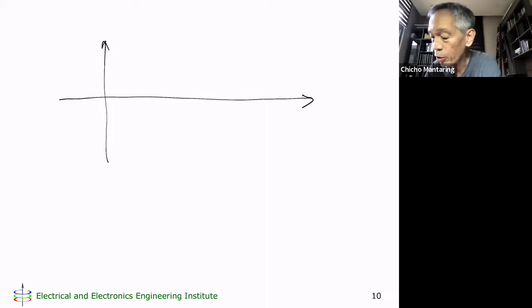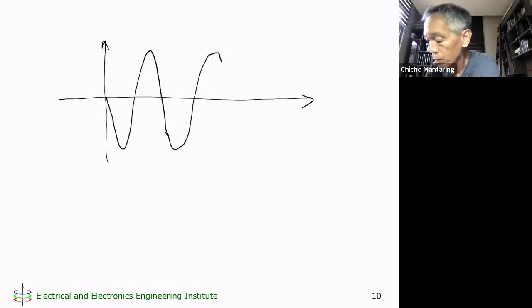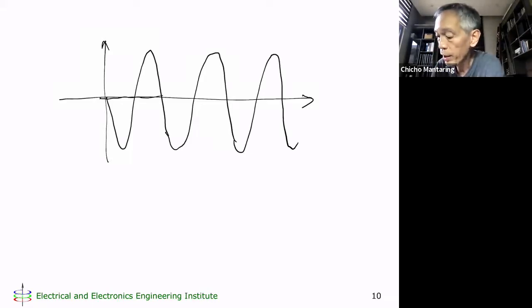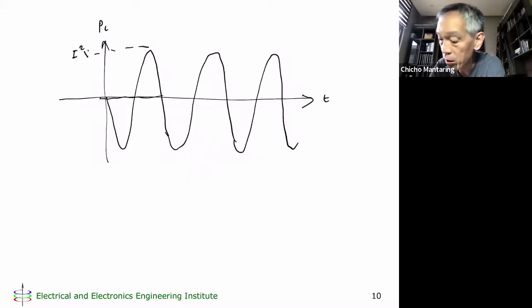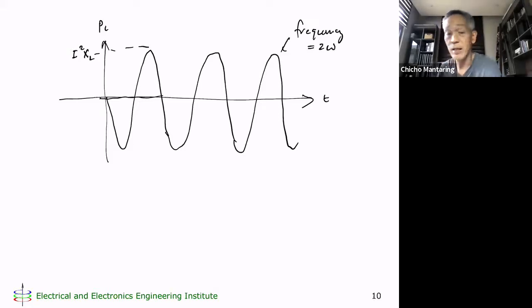Forget the phase, but it's going to look something like this, where this is P of L versus t, where the amplitude is I squared XL, and this is a negative sine wave. The frequency is equal to 2 omega.